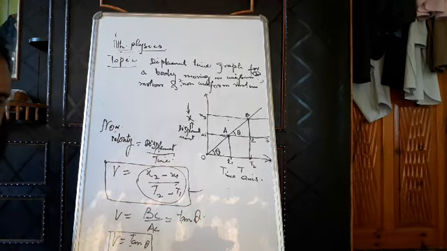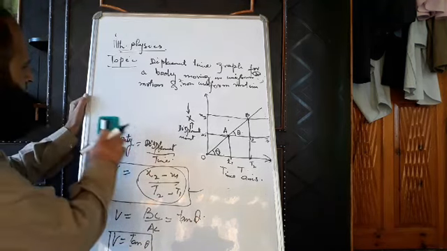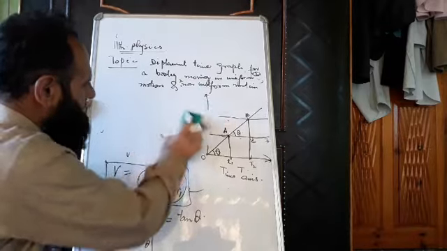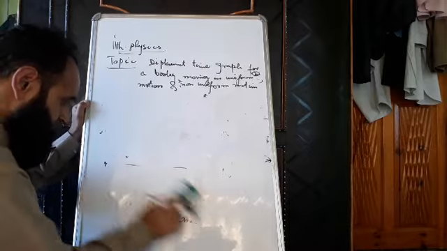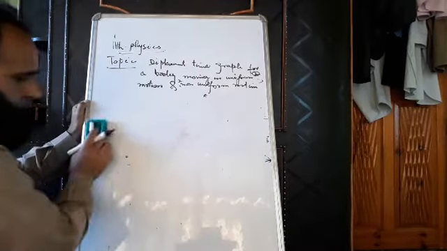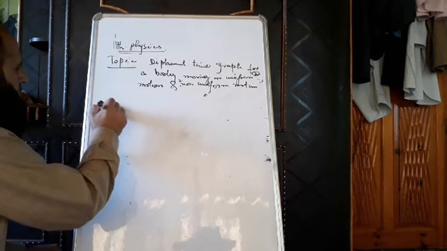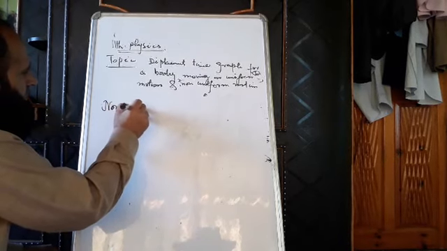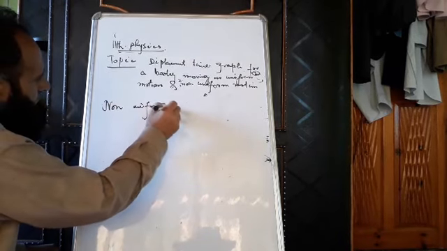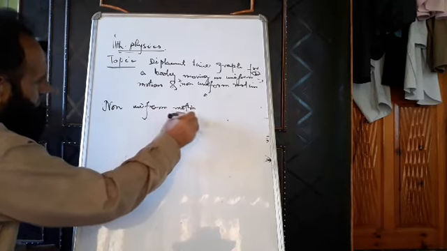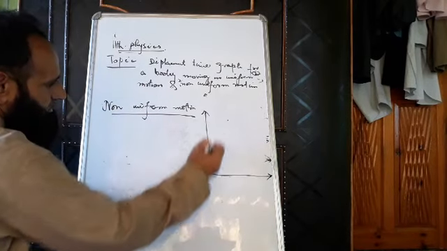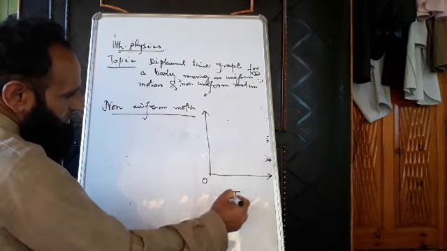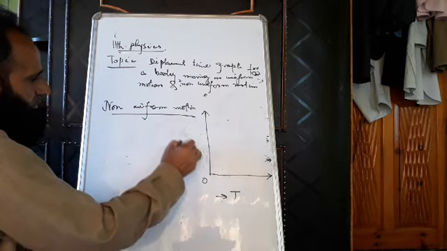Let us take another body moving in a non-uniform motion. Let us take this as our time axis, 0, and this is the displacement axis.